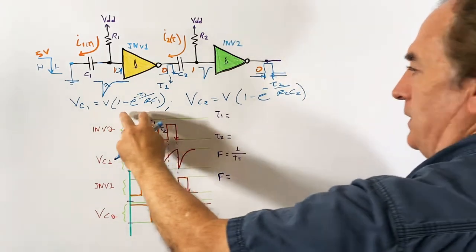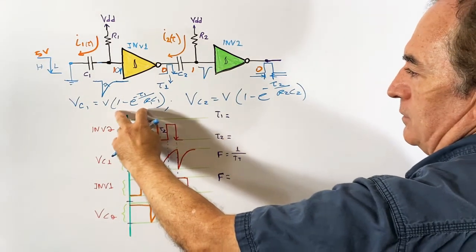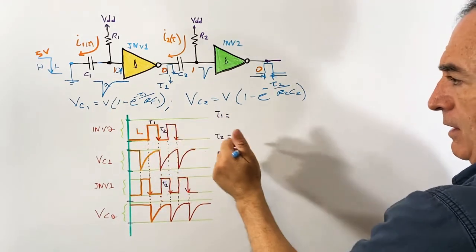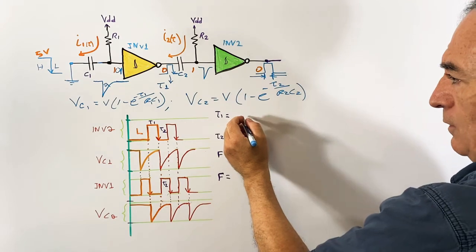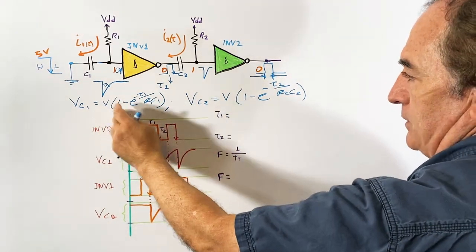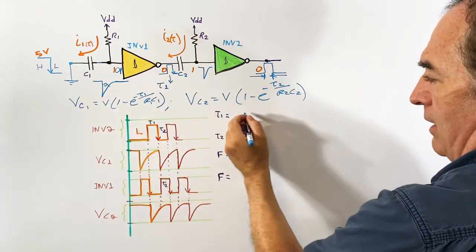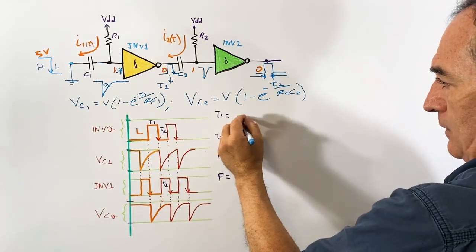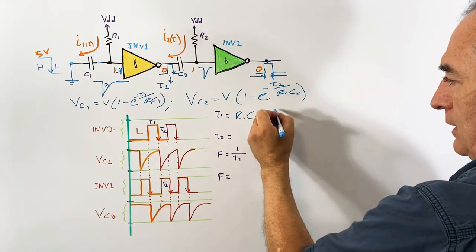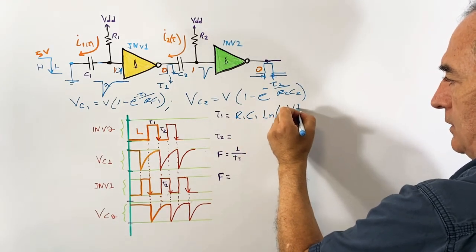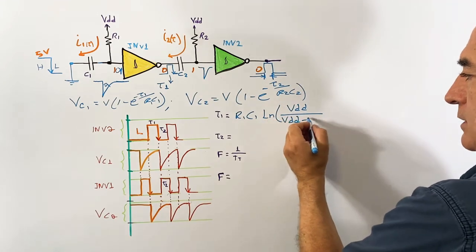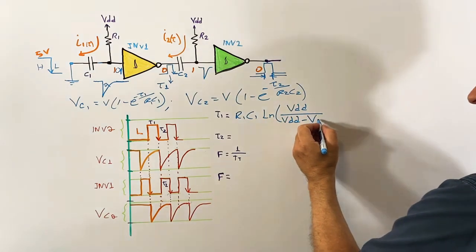So solving for T1 in this formula, of course you can multiply both sides by this and then pass it to the other side. T1 will be equal to R1 C1 ln of the voltage applied over the voltage applied minus the final voltage of the capacitor.